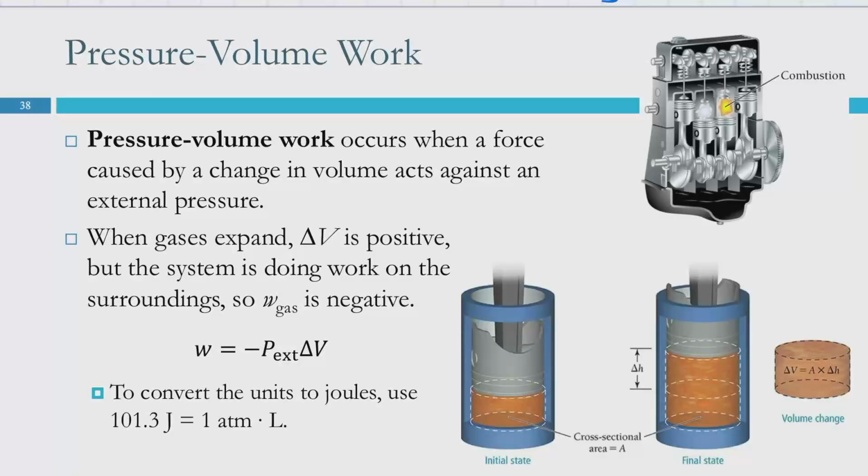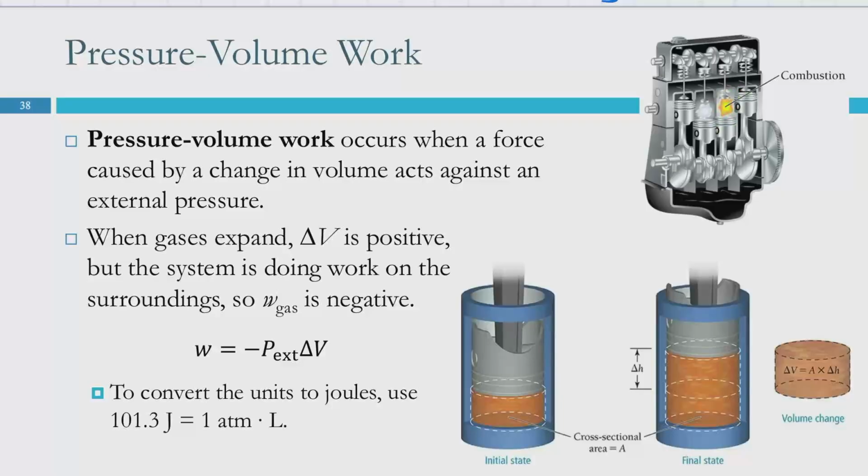One type of work that we have is pressure volume work. The pressure volume work occurs when a force caused by a change in volume acts against an external pressure. So anytime that we're expanding something and there's pressure outside, there's some amount of work that is put into that. So an example would be like a combustion engine.